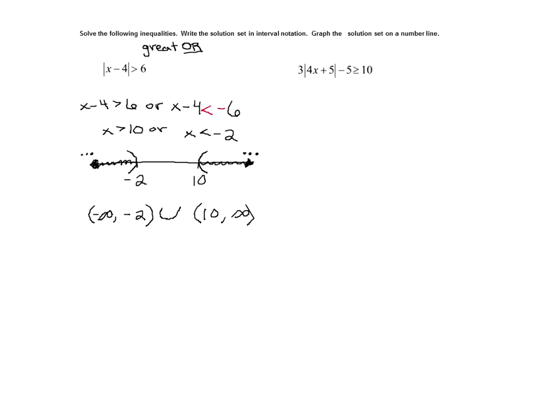Every single piece here is in order on a number line. You've got negative infinity, that would be less than the negative 2, which is less than the 10, which is less than the infinity. And that's easy to do once you've already seen how it looks on a number line. If you go straight from algebraic notation, it might be more difficult because they're not necessarily in the order that you would see them on a number line.